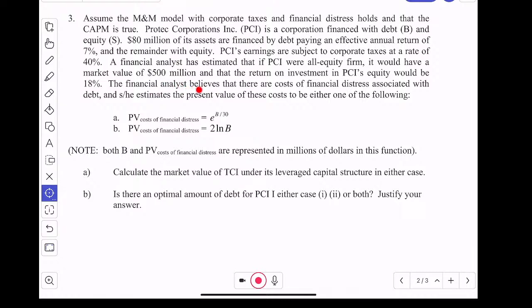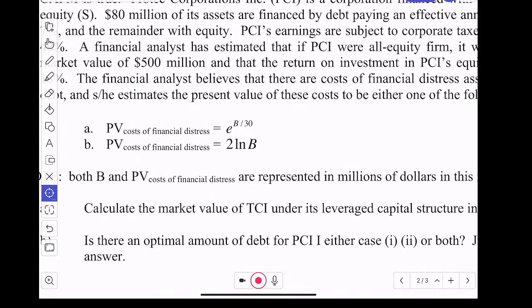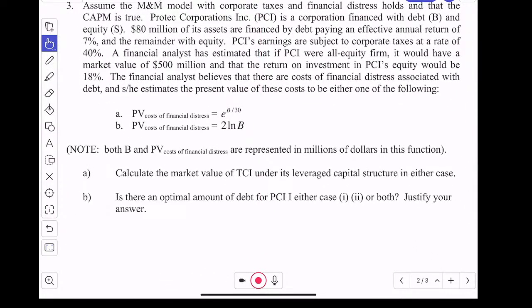The financial analyst believes that there are costs of financial distress associated with debt, and she estimates the present value of these costs to be either one of the following. So these are functions for the cost, the present value cost of financial distress. Calculate the market value of PCI under its leveraged capital structure in either case.